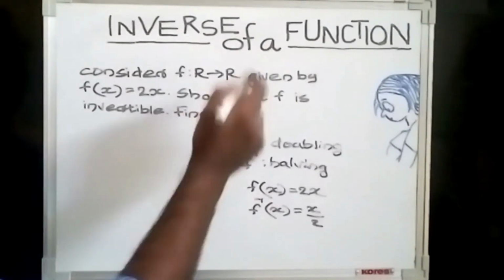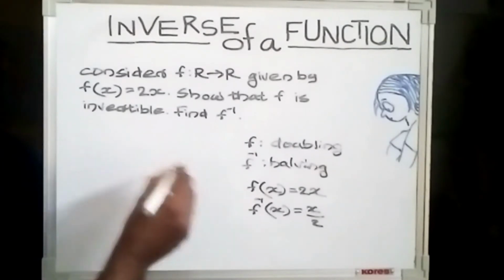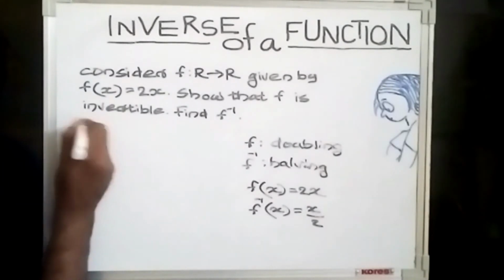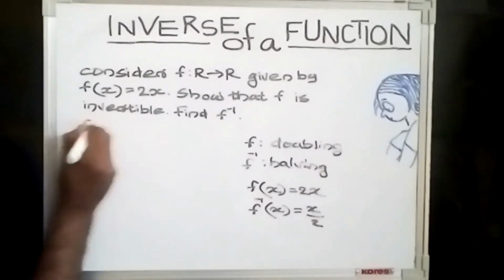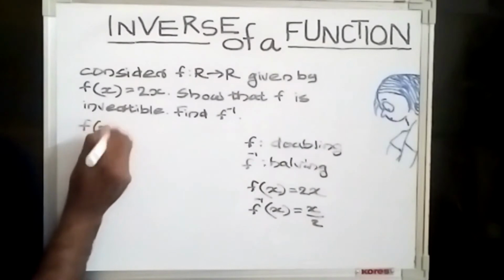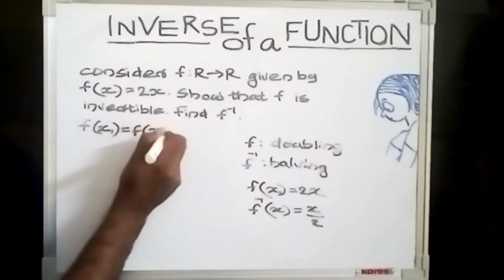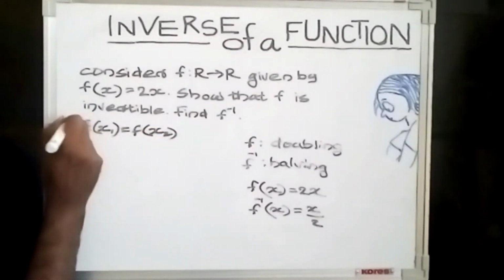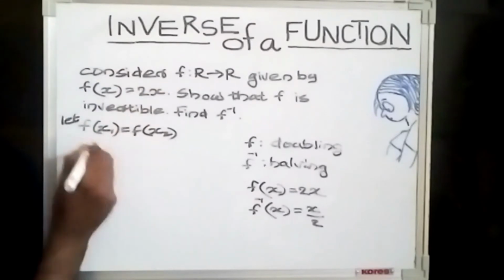First, we have to show that the function is one-one. How to show it is one-one? You remember we have already done it in the previous class. Let f of x1 equal f of x2. We have f of x equals 2x.